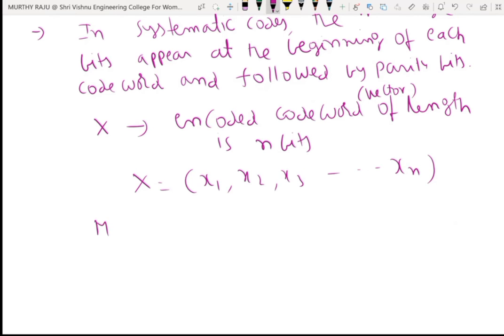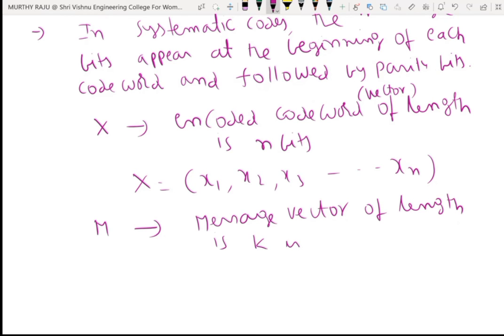And M is the message vector of length k information bits.